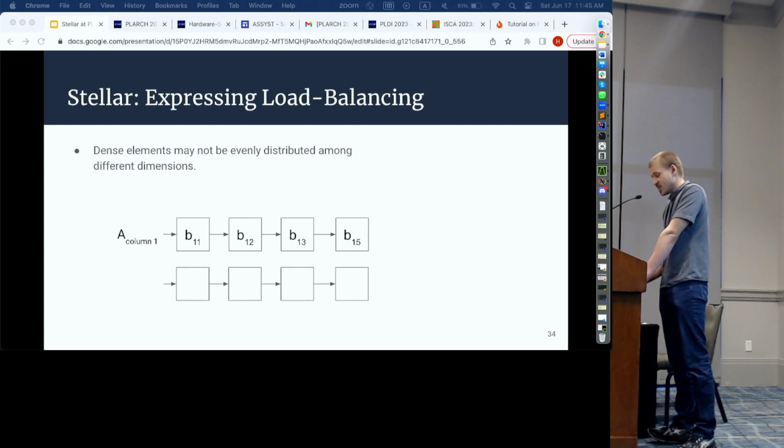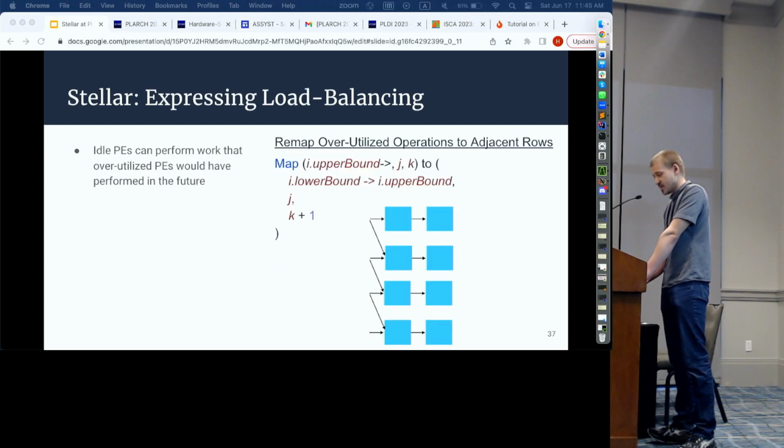However, based on our sparsity distribution, some rows of the spatial array might end up being completely idle on some iterations, while other rows have more work than they can finish in a single time step. So in those cases, we might want to shift some of the future work that is scheduled for one row of our spatial array to another row which is presently idle. Right? This might increase the cost of the outer memory system or the peripheral circuitry, but it can also improve our PE utilization and our performance.